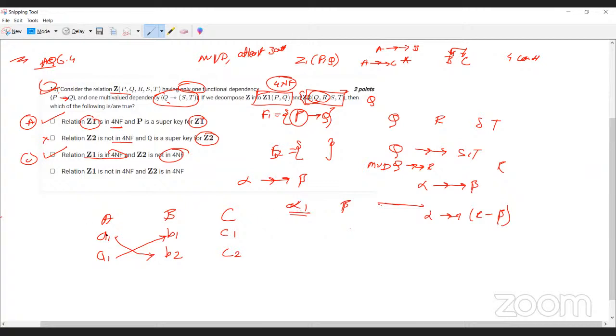So if I interchange B1 and B2, keeping the alpha value same, I will get A1, B2, C1 and A1, B1, C2. I'm just exchanging B1 and B2 here, so I will get these two new tuples.